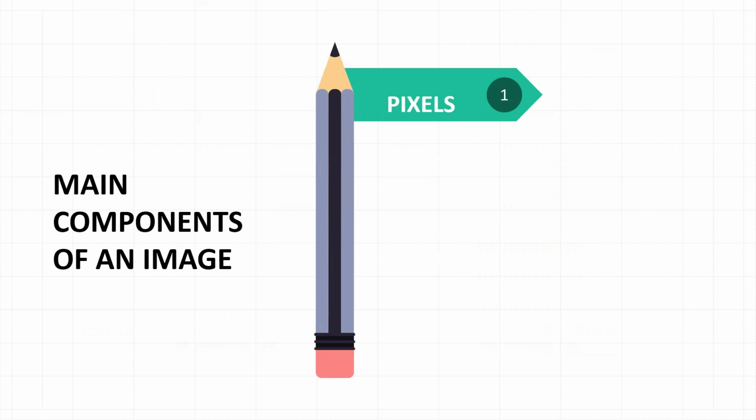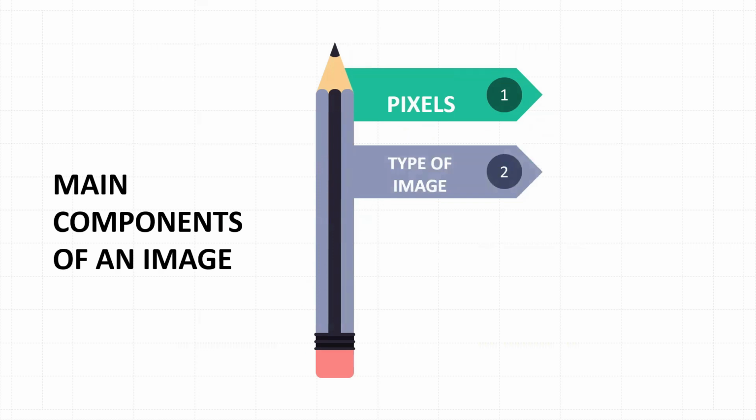Another short form for pixels is pels. Pixels are very important, which give us clarity: the more pixels available in a particular scenery, the more clear the image is to us.